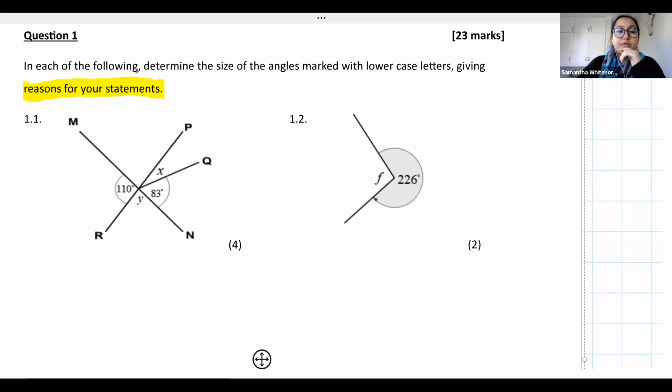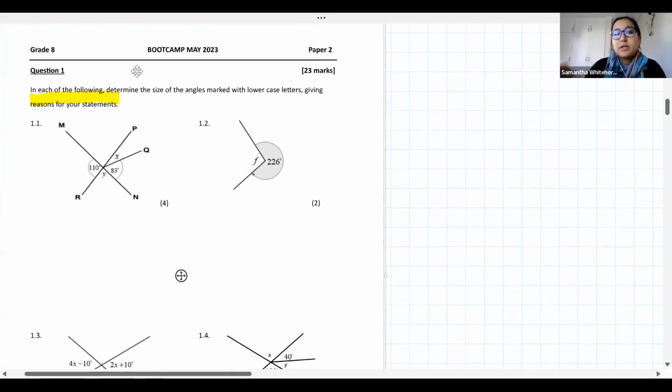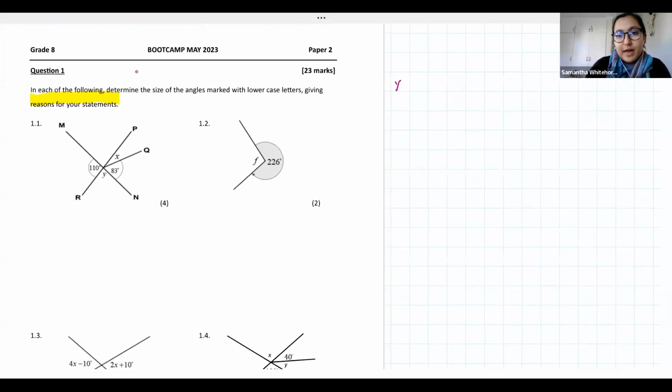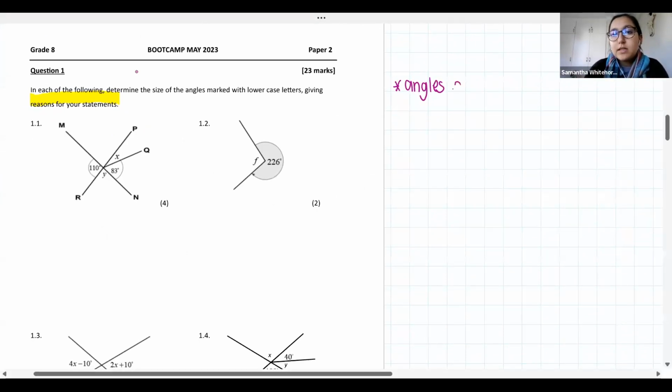All right, so the first reason that we're going to use in this lesson is the fact that if you have got a whole bunch of angles around one central point, we know that around a point or in a circle, we have got 360 degrees.